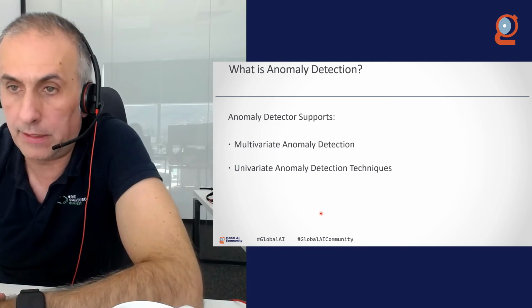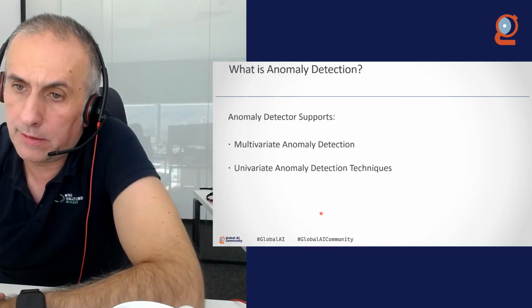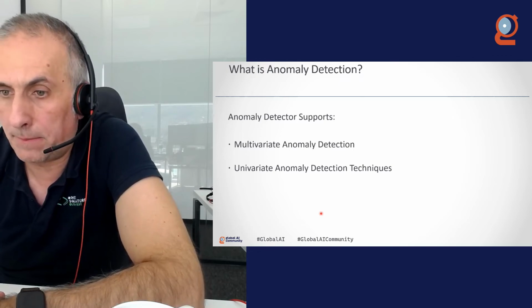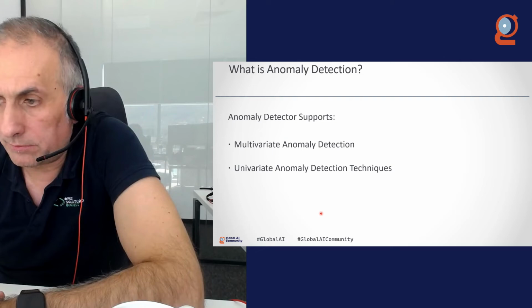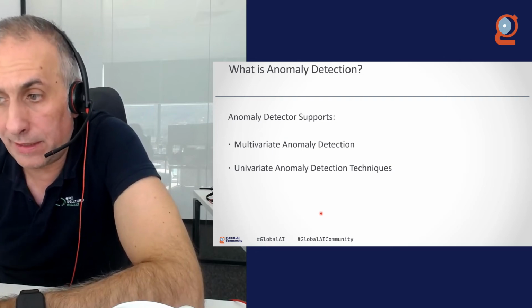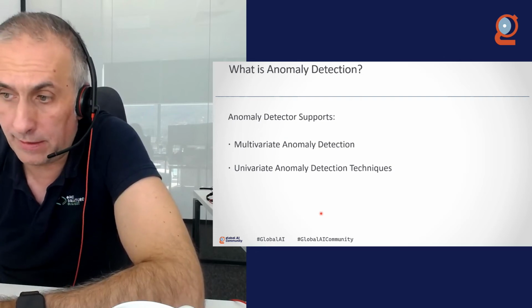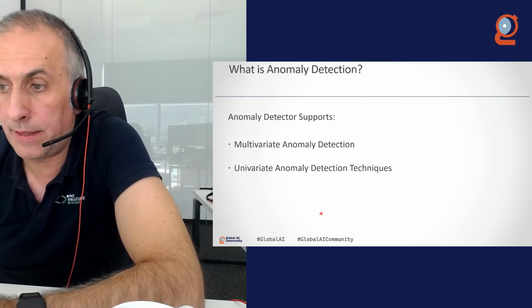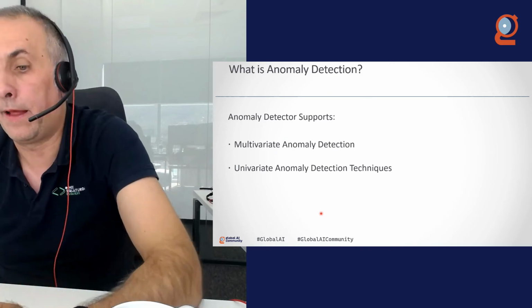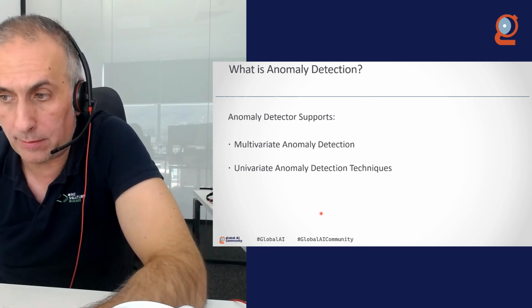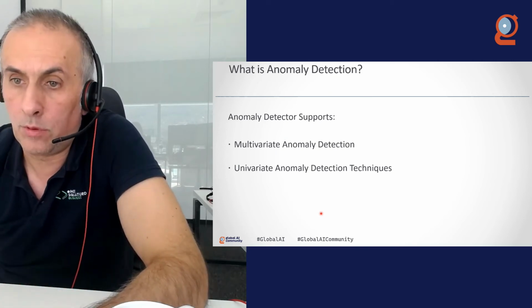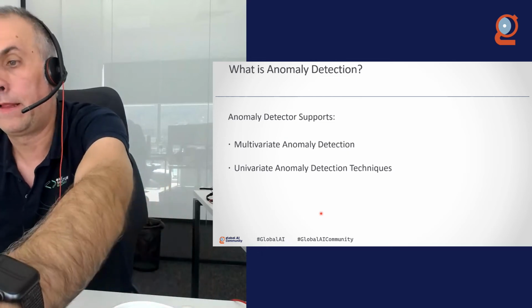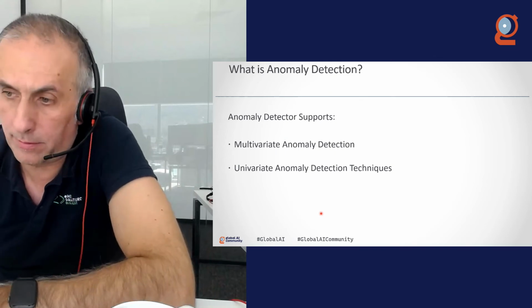What about anomaly detection? Anomaly detection is one of the main areas in artificial intelligence related to predictive analytics, because we have many types of cases where we need to realize that some anomalies are there, to make a prediction after that that we need to change something in our solutions.